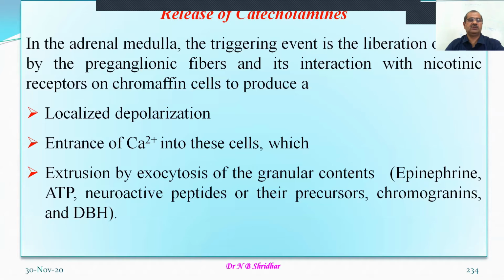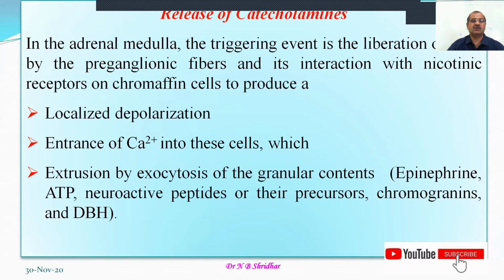Then there is the release of acetylcholine, not the catecholamines, in the adrenal medulla, because the adrenal medulla contains a lot of norepinephrine in chromaffin granules. The triggering event is the liberation of acetylcholine by the preganglionic fibers and its interaction with nicotinic receptors on the chromaffin cells.